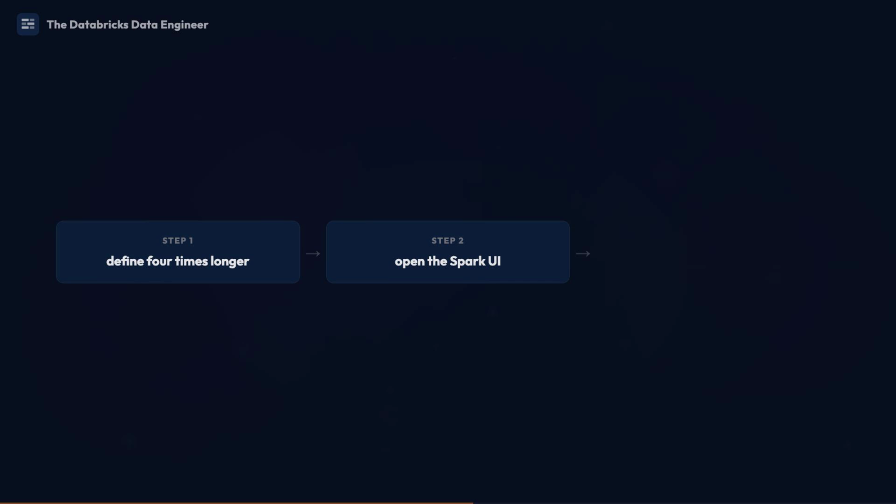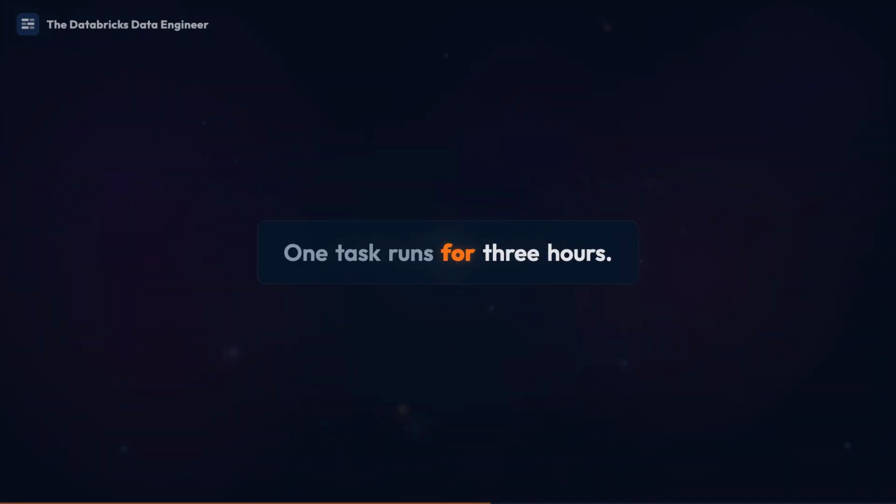If one stage went from 10 minutes to 3 hours while the rest stayed the same, that's a completely different problem than everything being uniformly slower. If it's one stage, I'd look at task duration distribution. If 99 tasks finish in 30 seconds, and one task runs for 3 hours, that's data skew.